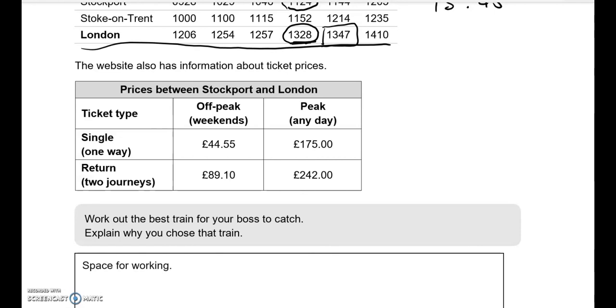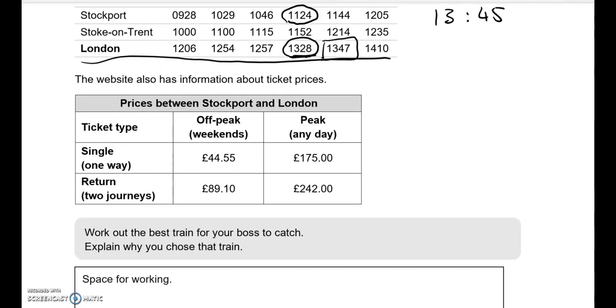So we're going to say the one that leaves at 11:24 and arrives at 13:28. The reason is because it's the latest you can catch without being late.